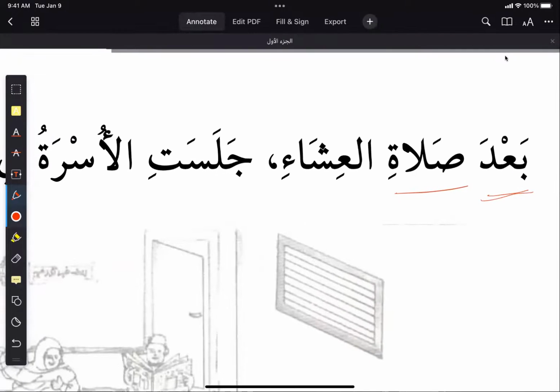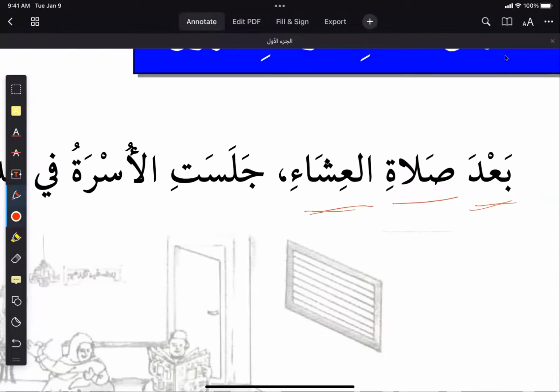So that's what's happening here, after salah. But we also have a double إضافة. There's another إضافة construction, صلاة العشاء, the prayer of the Isha, the night prayer, right? And we know the Asha, Ghada and Asha, we talked about those. The Asha is what? The dinner.